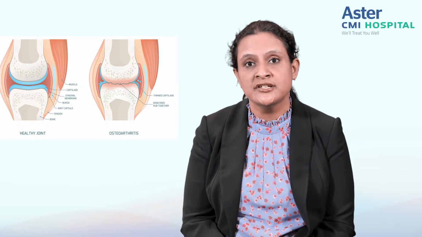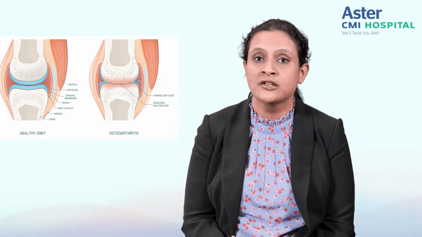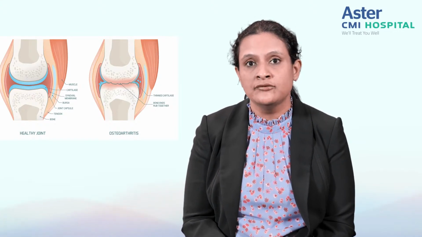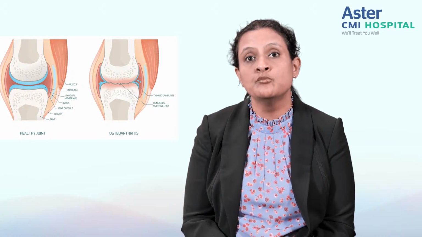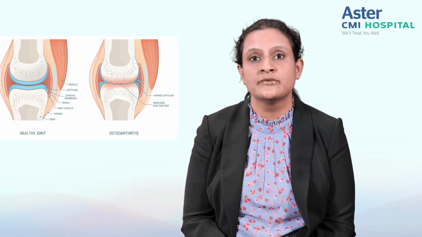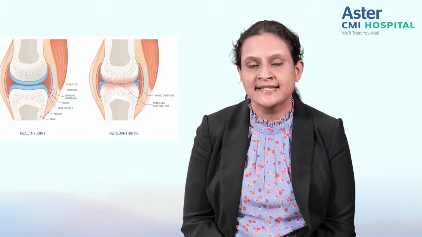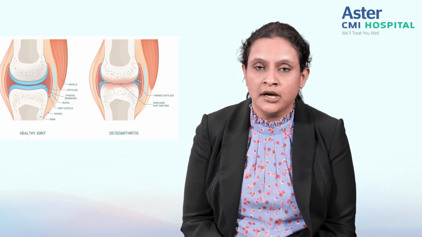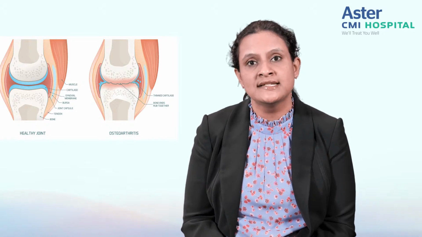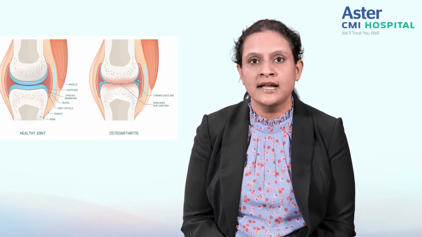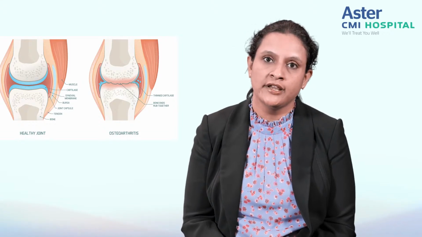The bone edges start to become a little big, called osteophytes, and the lining of the joint, or the synovium, starts to produce more fluid, which in turn causes swelling of the joint. All this causes a little bit of instability of the joint. The joint becomes lax, and then because of not being used properly, the muscles start to weaken and waste, and that causes much more disability and instability while walking.